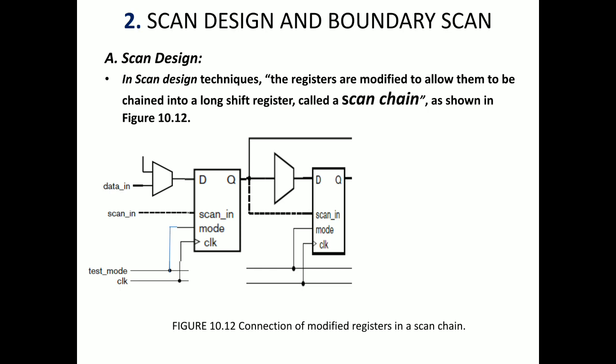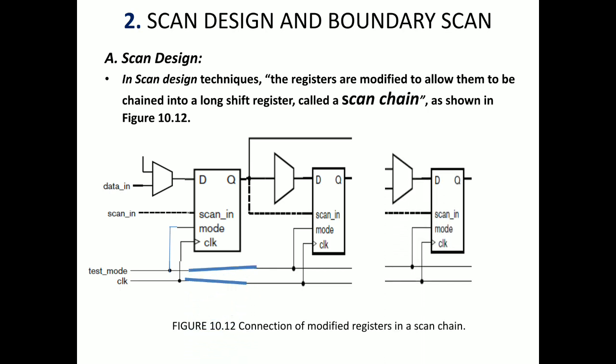This chain continues till the number of bits. If it is for some 6 or 8 count, we can go for 3 flip-flops. If it is for 15 or 16, then we go for 4 flip-flops. Here you can see 3 flip-flops.